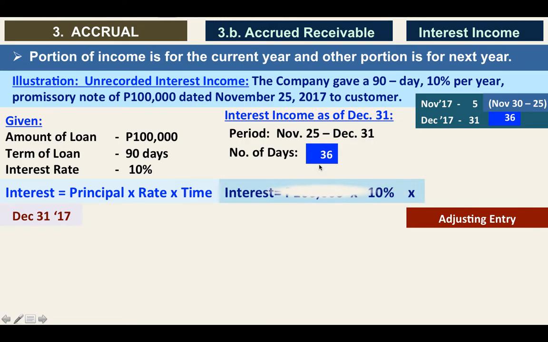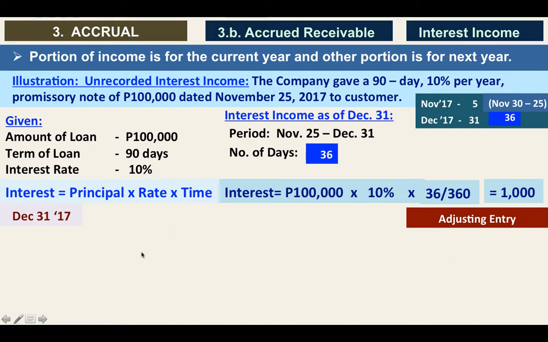And we are only computing the interest for 36 days. So 100,000 times 10% times 36 over 360 days. Again, we are not using 365 for interest, but we are using 360 days, okay? 360 days in 1 year. So with this, the interest as of December 31st, 2017 is 1,000.